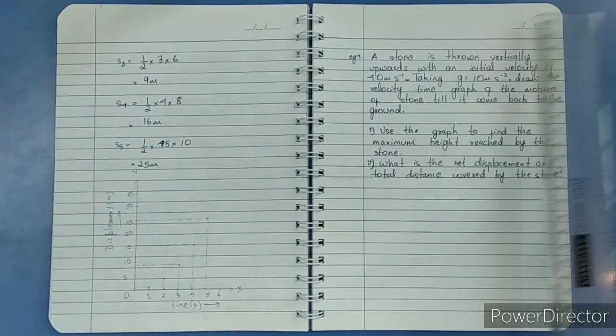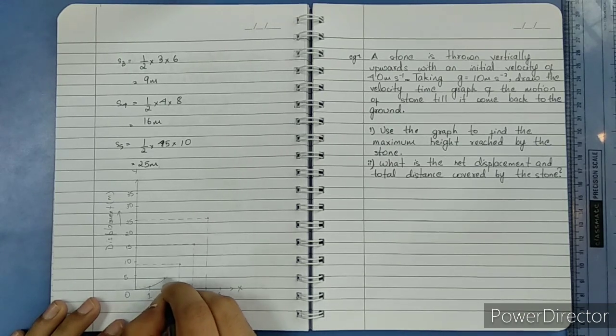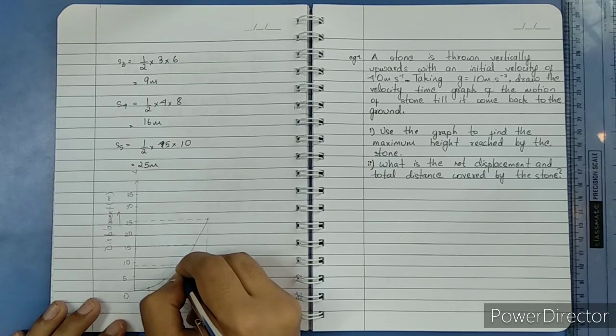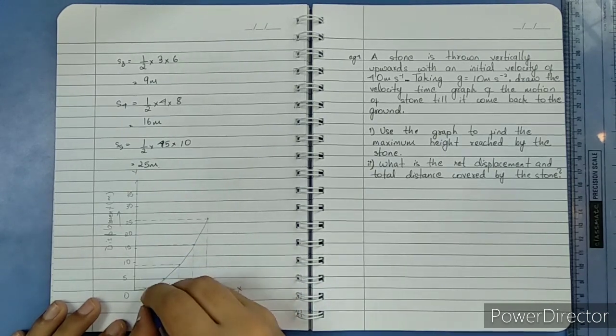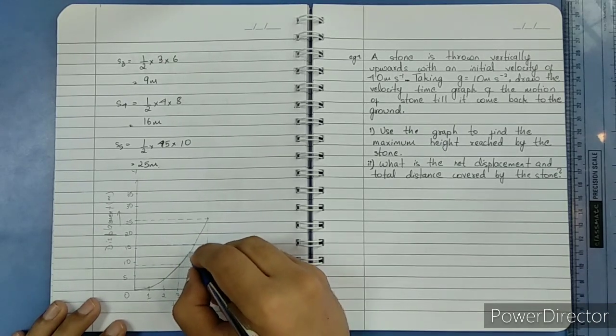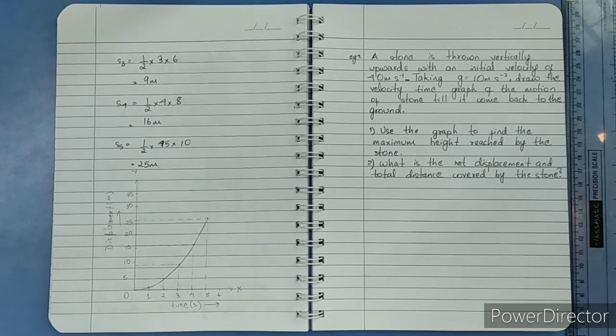So we'll join them freehand. You can use a scale as well, but I personally prefer freehand. So this becomes our displacement time graph from the velocity time graph.